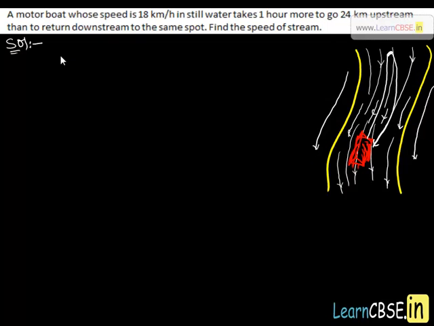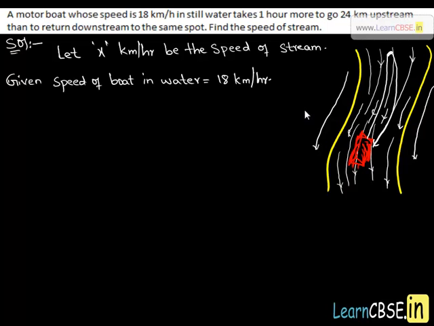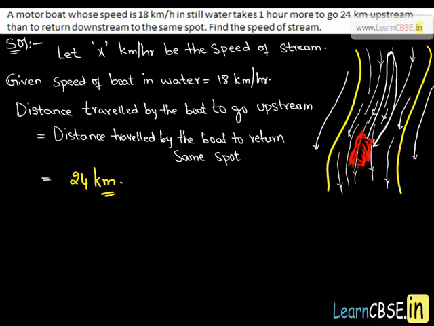Let us assume x kilometer per hour be the speed of stream. In this problem, we have given speed of boat is 18 kilometers per hour, and we are also given the distance traveled by the boat to upstream and the distance traveled by the boat to return to the same spot is 24 kilometers.